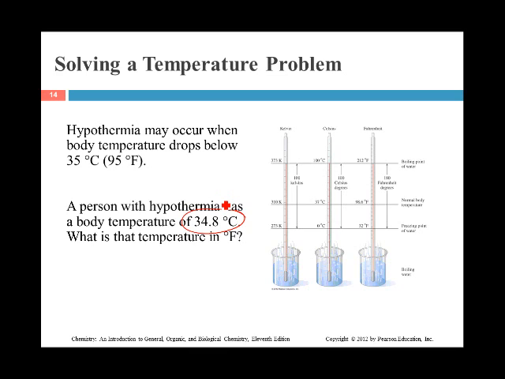So, in order to do this, we have T degrees Fahrenheit is equal to 1.8 times degrees Celsius plus 32. So Fahrenheit is equal to 1.8 times 34.8 plus 32. I'll give you a minute to put that into your calculator.